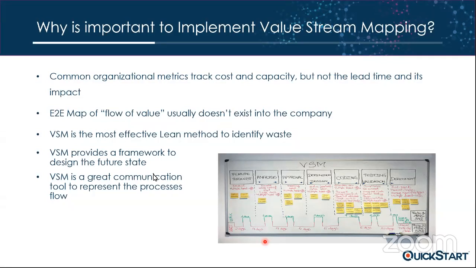Time to market is something very important for the marketing sector, and sometimes this criticality is not moved to IT. The other is that the value stream mapping is an end-to-end map. So that is very, very important as a communication tool for the whole organization.